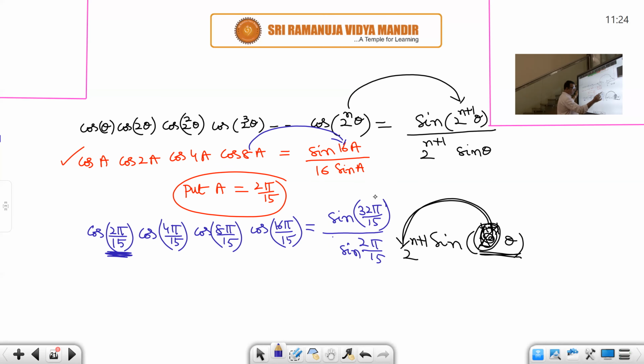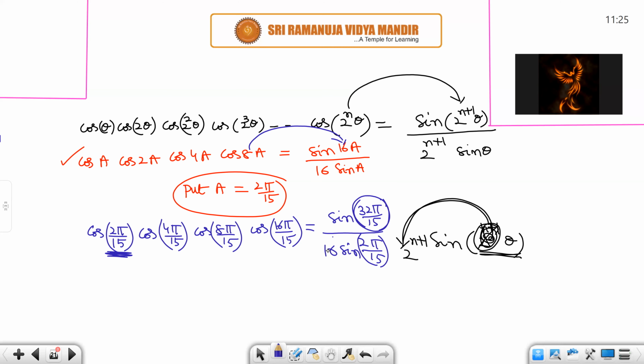Out of 32 pi by 15, if you remove 2 pi by 15, what is the remaining factor that will come out? 16 will come out, not 32. If 32 comes out, the remaining angle is pi by 15, but pi by 15 is not the initial angle. It is 2 pi by 15. Understood clearly?